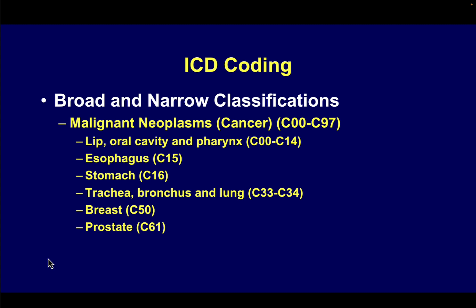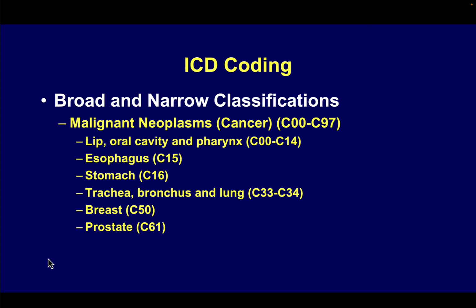Zooming in on malignant neoplasms or cancers, it includes a range of codes from C00 to C97, and then expanding the different subclassifications of malignant neoplasm codes, you can see that C00 to C14 includes those neoplasms of the lip, oral cavity, and pharynx. ICD code C15 includes neoplasms of the esophagus and so forth. So the codes correspond to different organ systems and diagnoses, and each of these codes has even finer subclassifications.